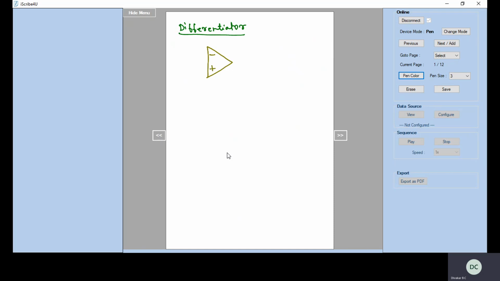This is minus, plus, with the capacitor at the input, and the feedback is the resistor RF. The output is given by V naught equal to minus RF into C dVi by dt. Here we have C, Vi, Vg, RF, I2 and I1.